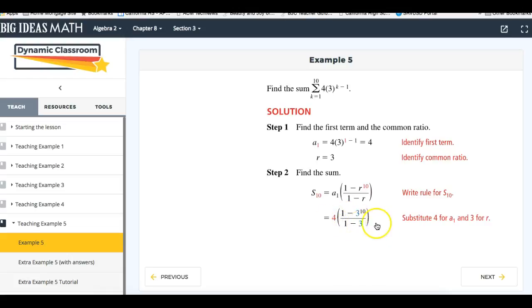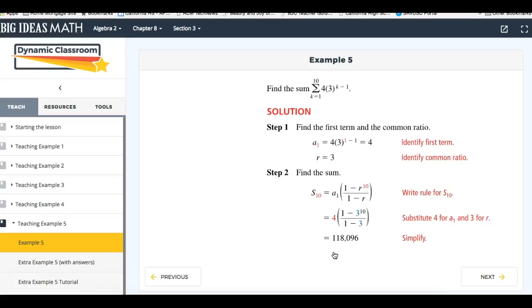So we just substituted 4 for a1 and 3 for r, and also 10 where n was because it's our first 10 terms. Let's go ahead and work this out. We get 118,096. So good problem right there.